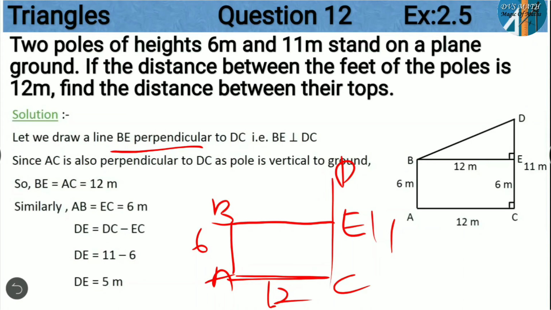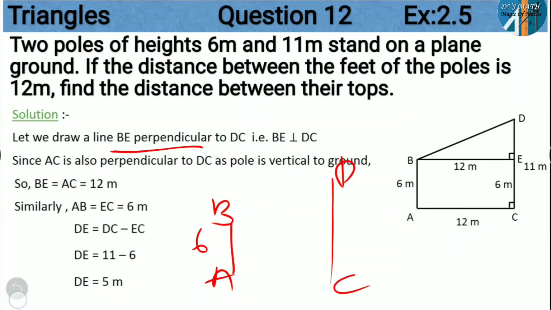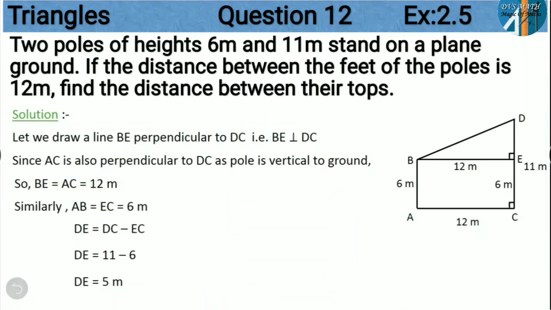Why did we take the perpendicular? Because here the bottom AC is perpendicular, right? So in the same way, we have to take BE as perpendicular to CD. Then you join this BD. Now we have to find this BD. Before that, let us observe the figure. So AC is 12 meter, definitely BE is also 12 meter because both are perpendicular to CD.